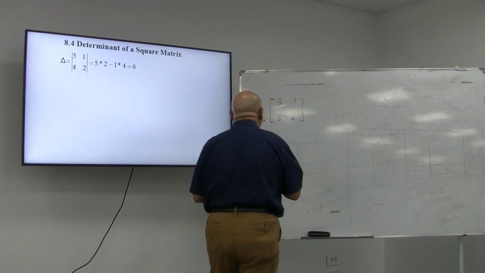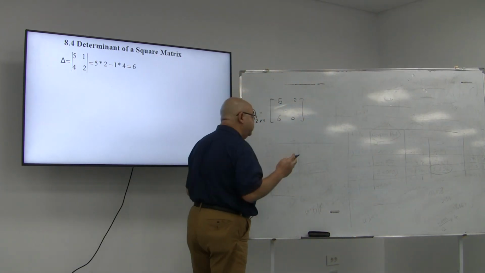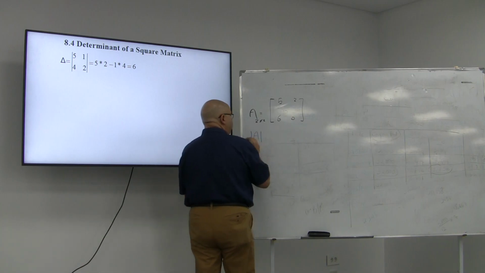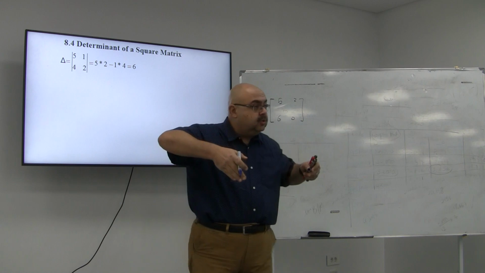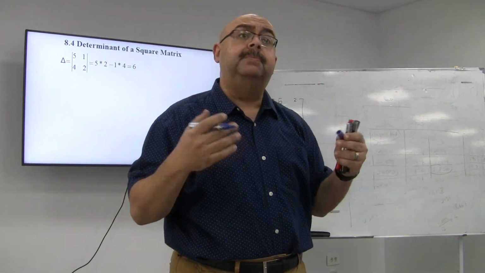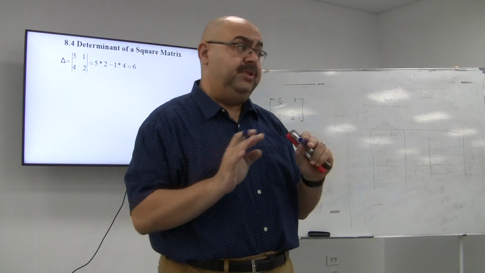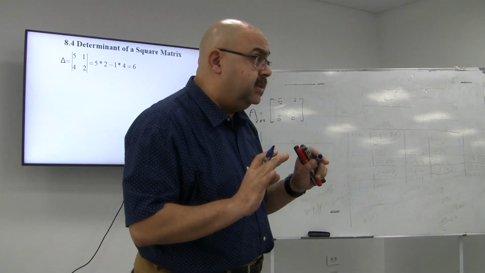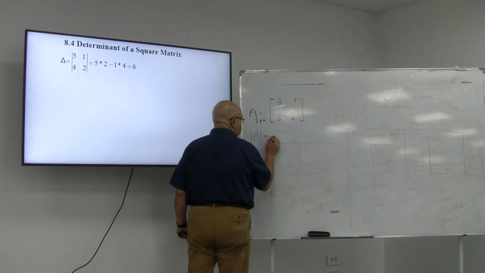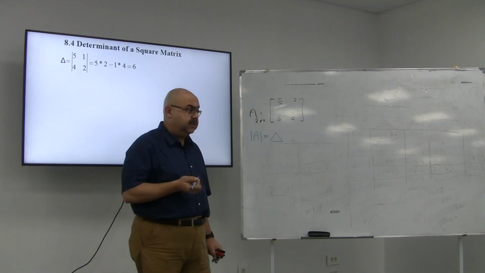If I want to get the determinant, the determinant of a matrix can be symbolized by these two vertical lines. It's like the absolute value or the magnitude, but it is not related to that. It's just the notation. Some of the main books, or the textbook, use this symbol for determinants.